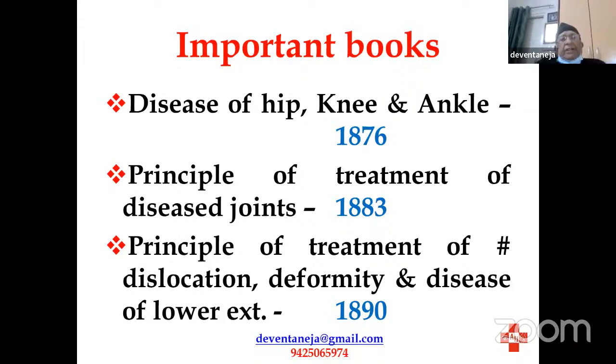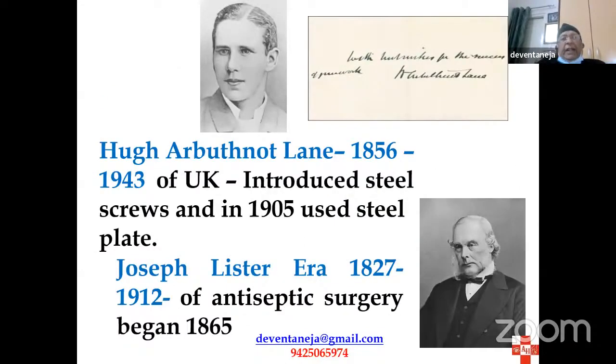You can see: diseases of the hip, knee, and ankle; principles of the treatment of diseased joints; principles of the treatment of dislocation, deformity, and diseases of the lower extremities. And this was the famous man in 1856 from the United Kingdom who introduced steel screws, and in 1950 used steel plates.